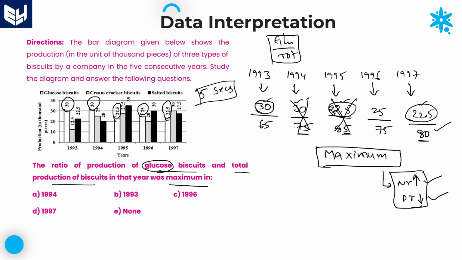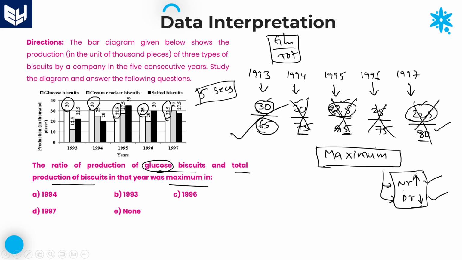And the denominator is minimum, that is also for 1993. Whenever these two conditions apply to only one particular fraction, obviously that is the highest value among the remaining three.